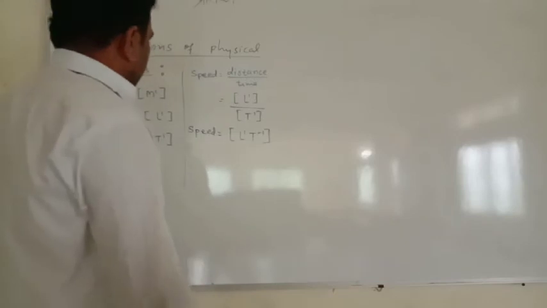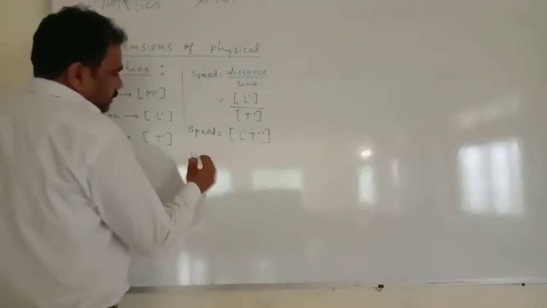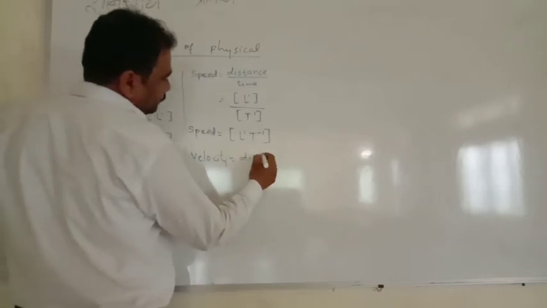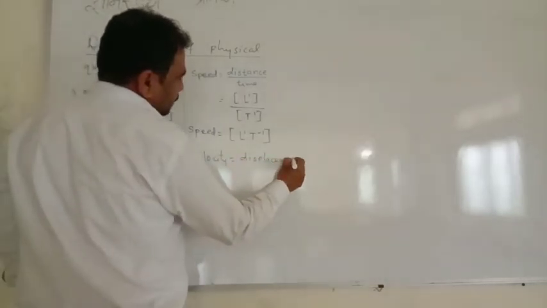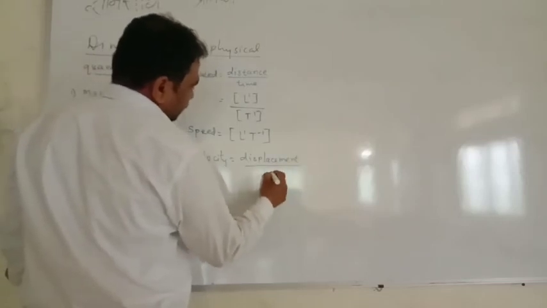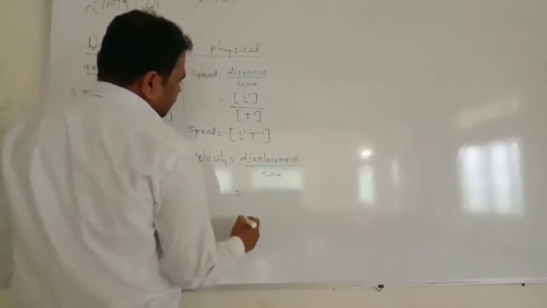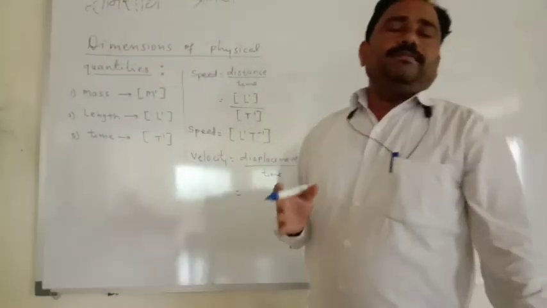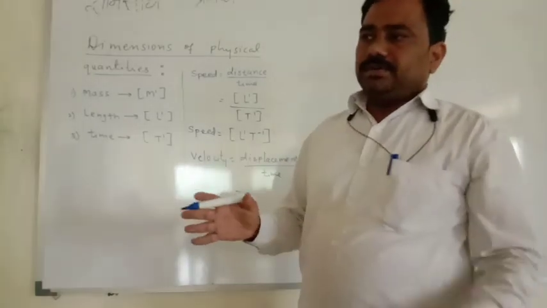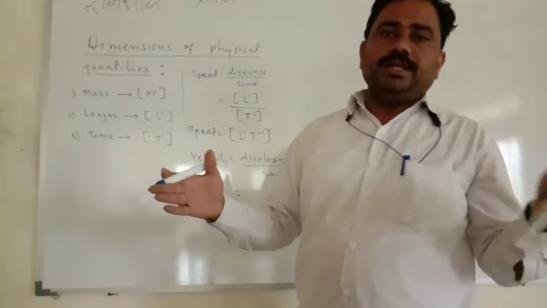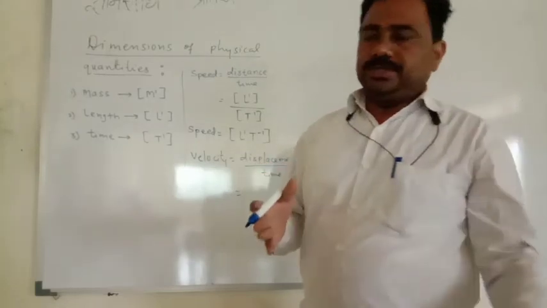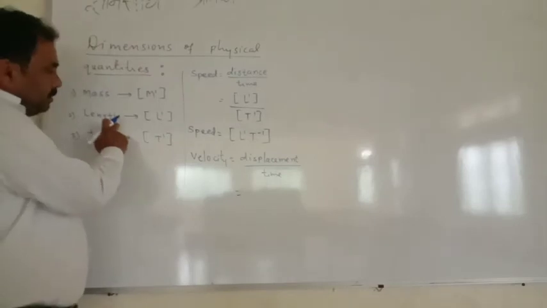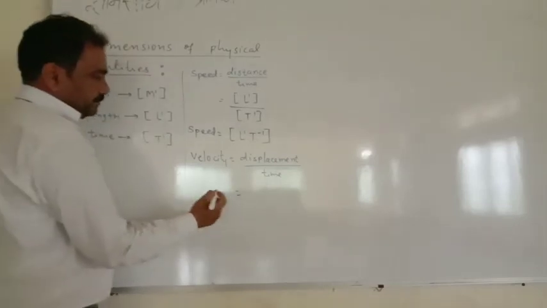Now, second one, velocity. Velocity is displacement upon time. Displacement is nothing but a length. How do we define displacement? Displacement is the shortest distance between the initial position and the final position. So displacement is a length, and we can use L1.